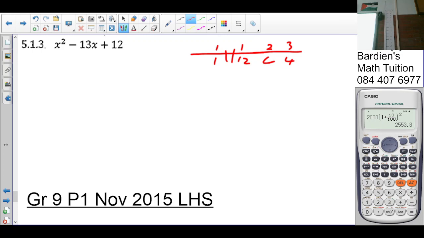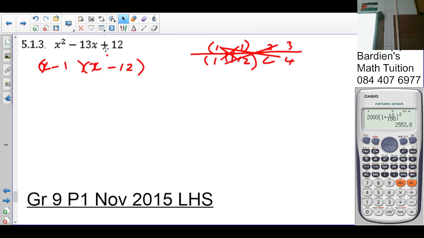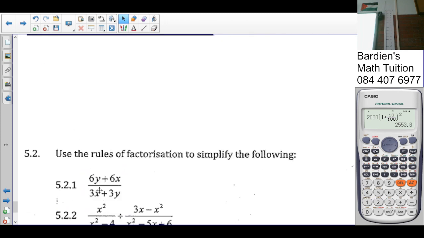Do you add or subtract? We add, because the last term is positive. So 3 and 4 is going to give you 7. No. 1 and 12, correct? So in the bracket goes 1 and 12. There's x squared, so it's x and an x. What about the signs? Same signs. Both are going to be minus. So it's x minus 1 times x minus 12.